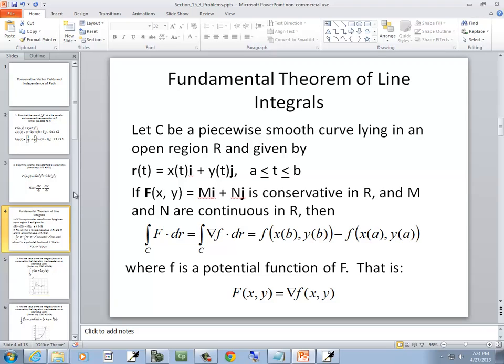Now R just represents your real numbers. Then our line integral, and there's two different parts here, but the important part is this last part. We can directly plug in our numbers and get our answer. But that's where f is a potential function of f. That is, f of x y is equal to del f of x y.